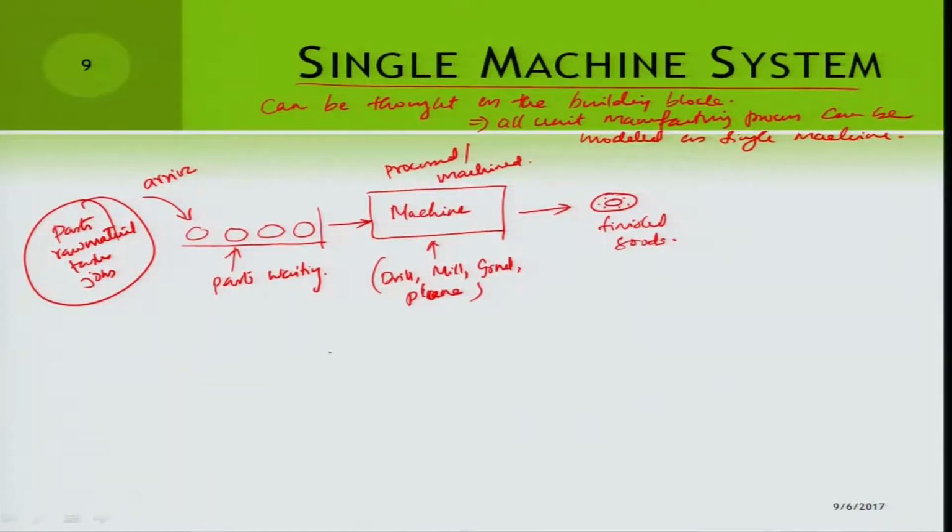There are a couple of aspects that we need to look into. The place where the parts are waiting is typically called a queue. The concept of queuing gets used in any manufacturing.